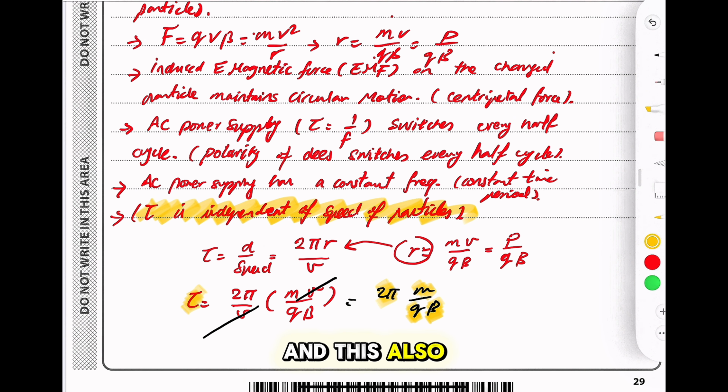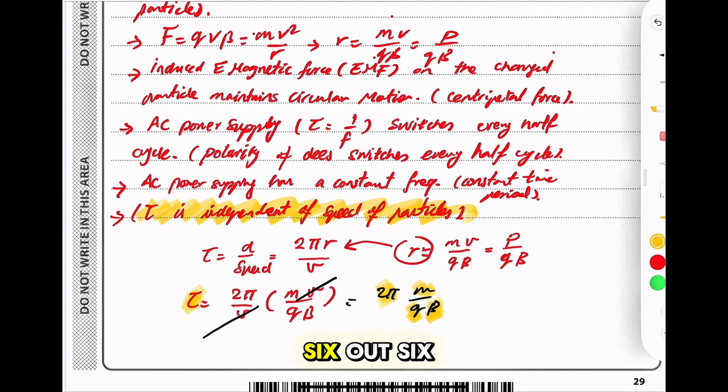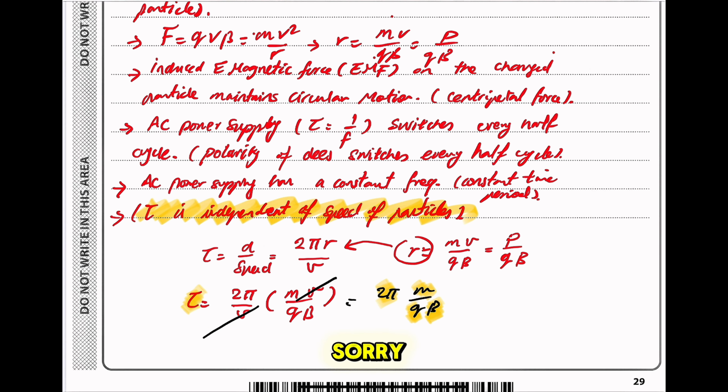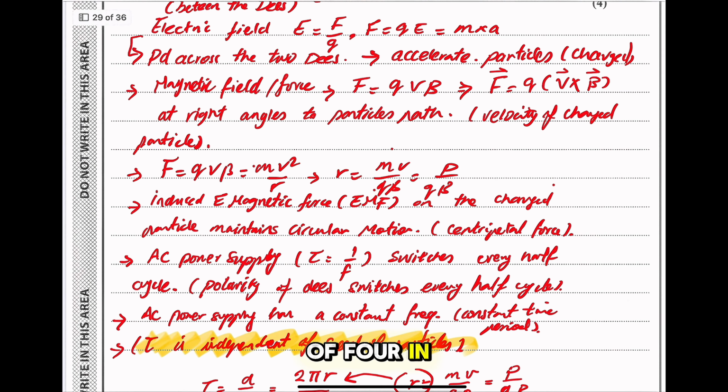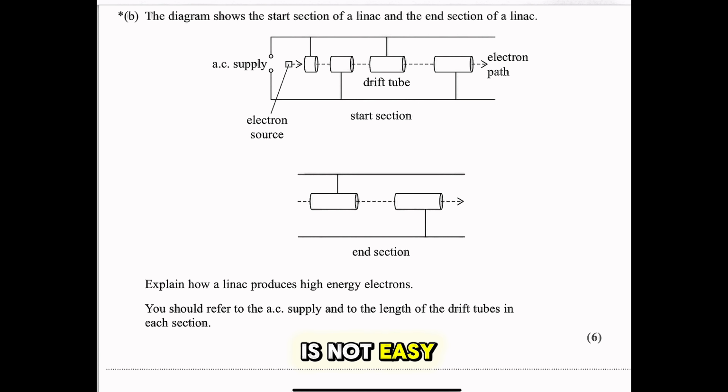This also depends on whether you change the value during the experiment, but definitely it's always constant. The time taken is constant and independent of the speed of particles. Here we get 4 out of 4 in this question. This section is not an easy question as well.